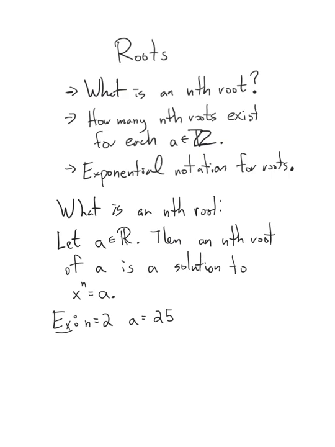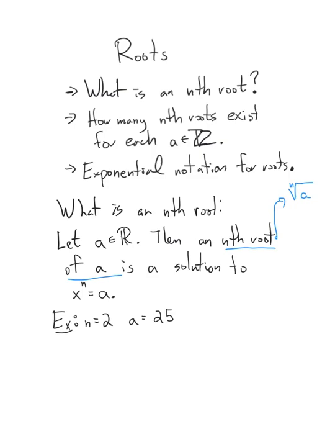Let's put in some notation for an nth root. An nth root of a you can write like this: you put a square root sign with a little n up there. And if there's no n, it's assumed to be 2.